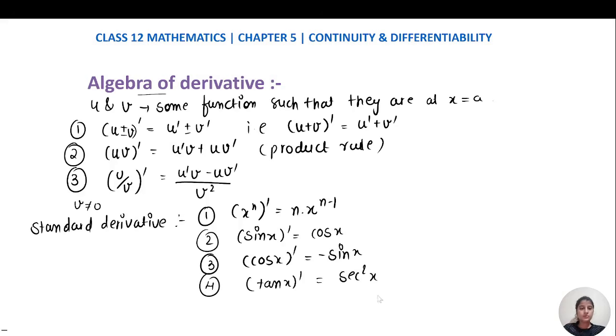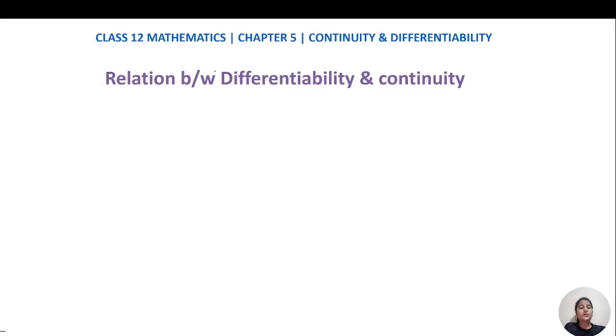Okay. Now let's move to the world of derivatives. Derivatives play a very important role. But before that, let's look at the relation between differentiability and continuity. First, there is a remark you should remember, and I will explain the reason also.